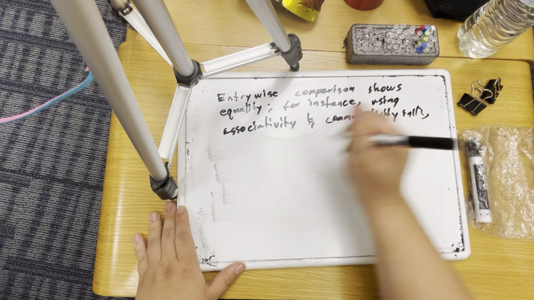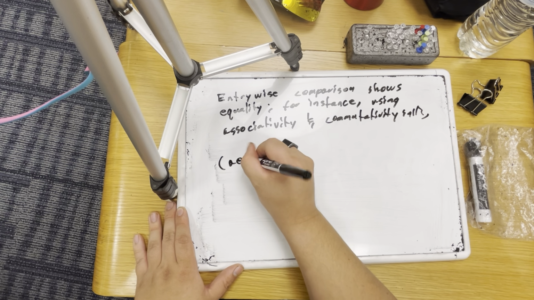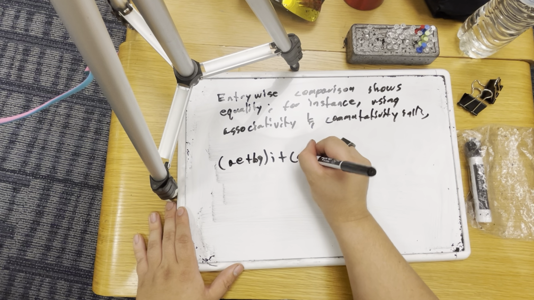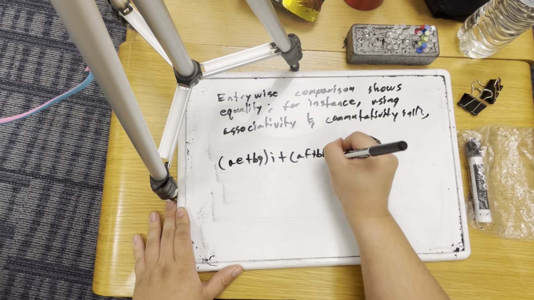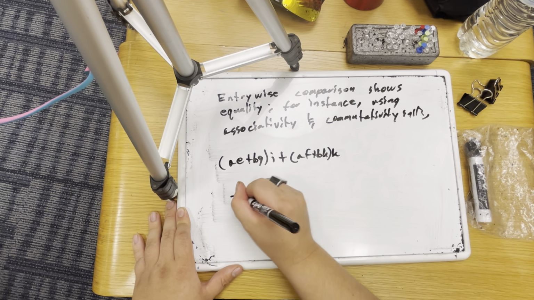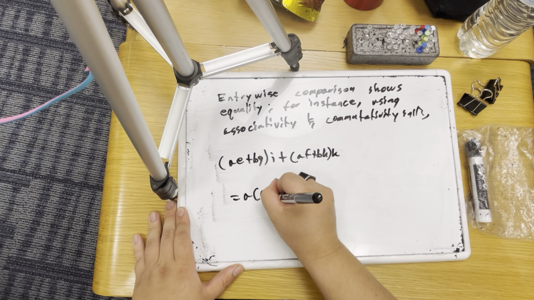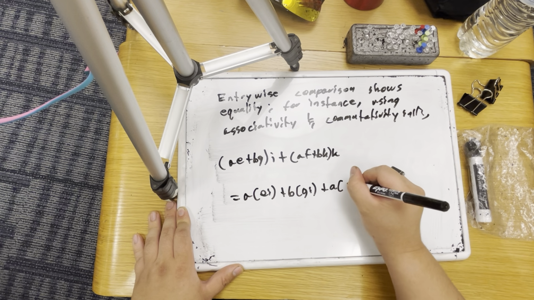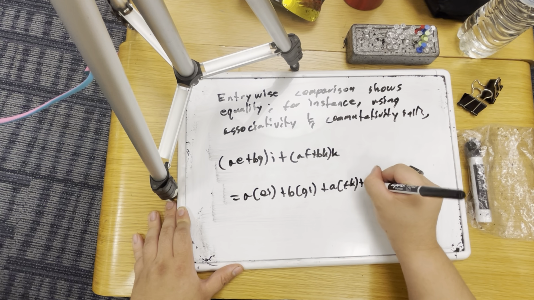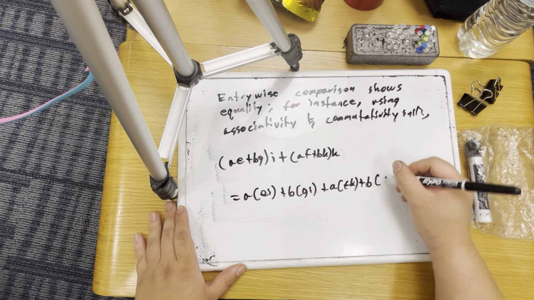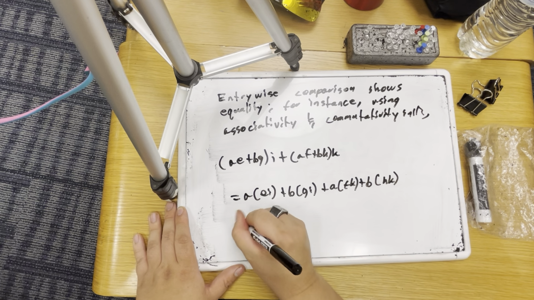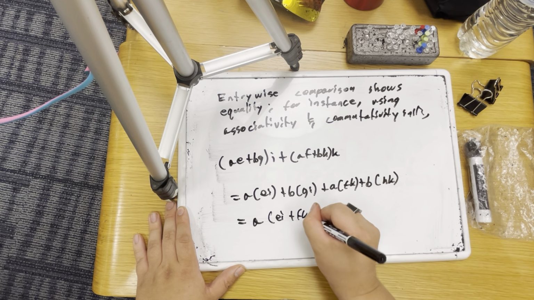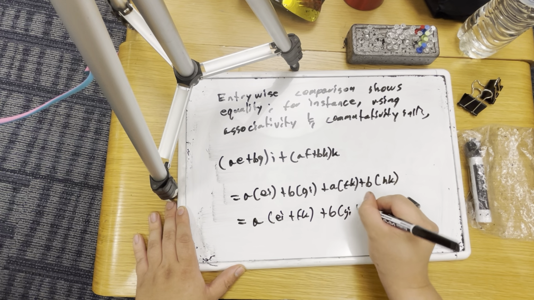No, but for instance, using associativity and commutativity in R, let me show you this cool thing, right? In the real numbers, what we get is (AE plus BG) times I plus (AF plus BH) times K. That is actually equal to A times (EI) plus B times (GI) plus A times (FK) plus B times (HK), which is equal to A times (EI plus FK) plus B times (GI plus HK).